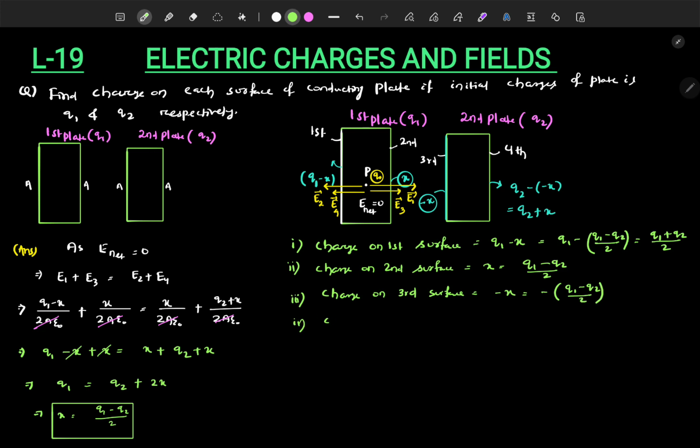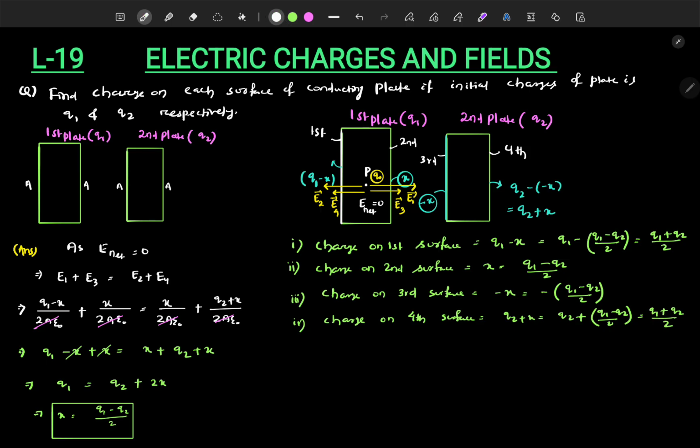Again, fourth, charge on the fourth surface. That is equal to Q2 plus x, that means Q2 plus (Q1 minus Q2) by 2, which is (Q1 plus Q2) divided by 2.